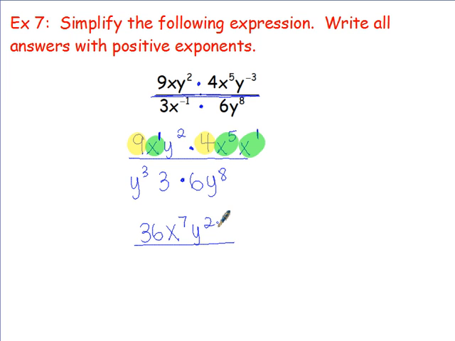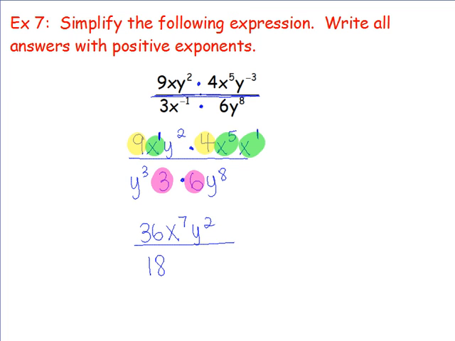We're going to do the same thing on the bottom. So on the bottom, is there any like terms? Let's start with some whole numbers. 3 and 6. 3 times 6 makes 18 on the bottom. Is there any other like terms on the bottom? Yes.